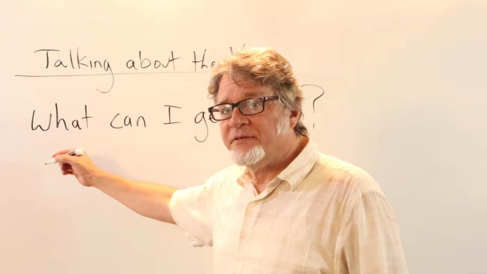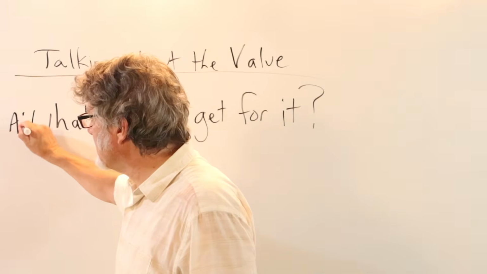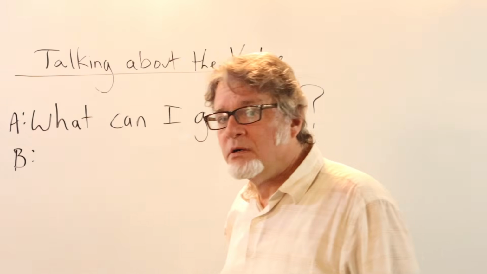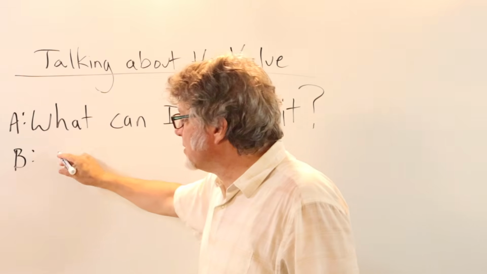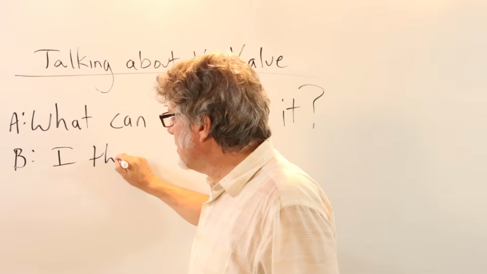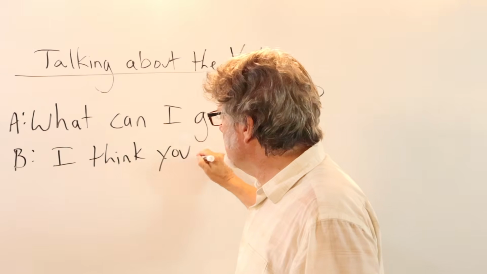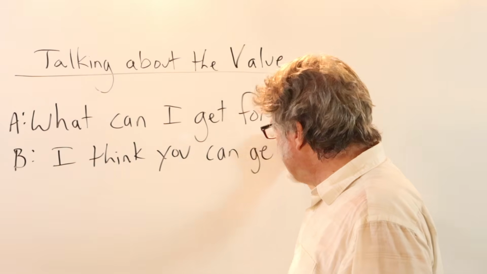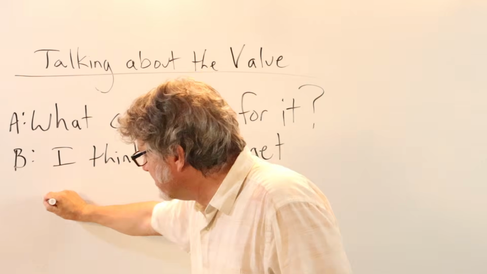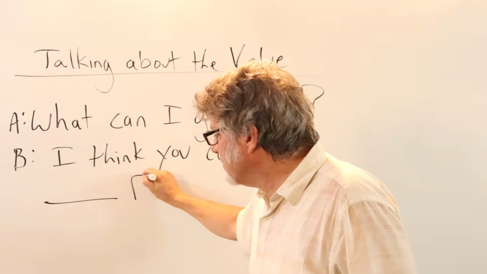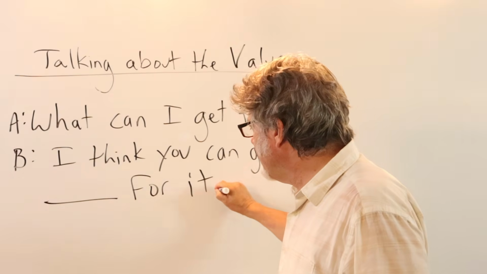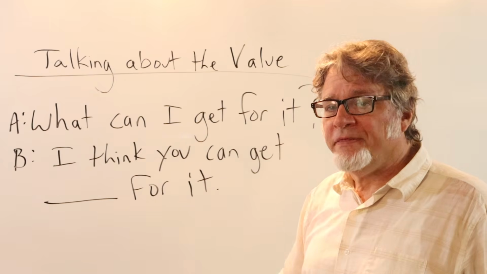And if this is a conversation, two people are talking and another person answers and says, I think you can get, and then here's the dollar amount for it. I think you can get $10 for it.